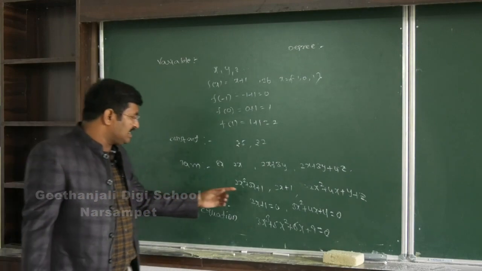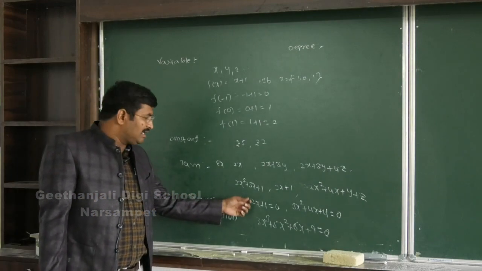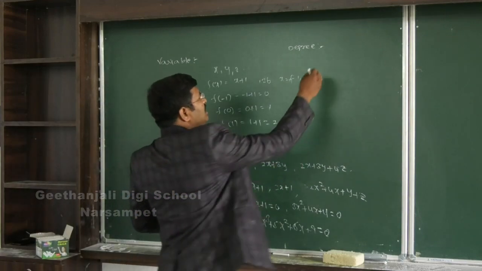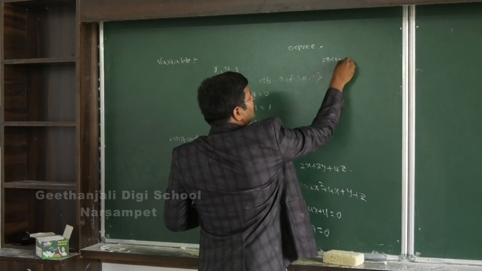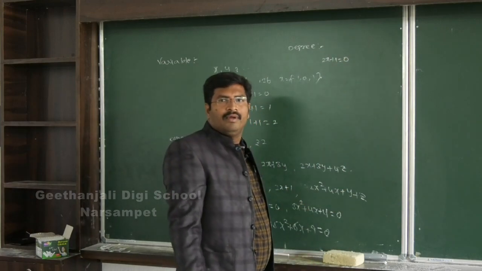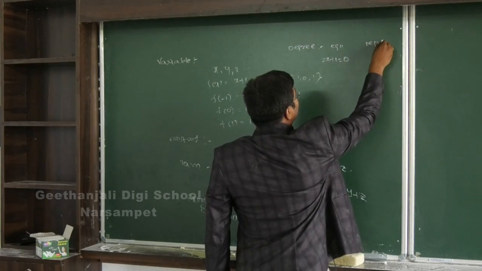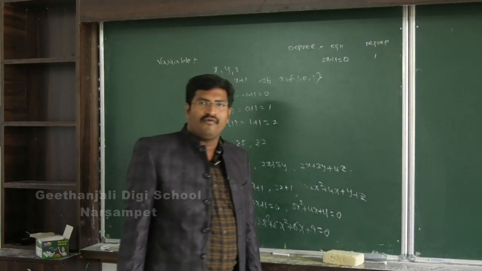Now you will see this example: 2x plus 1 is equal to 0. The highest degree of this equation is 1.